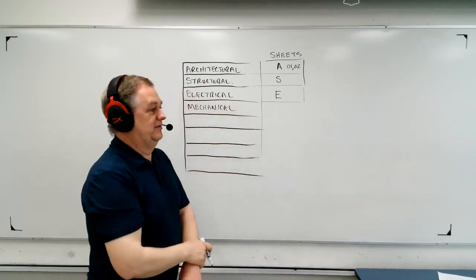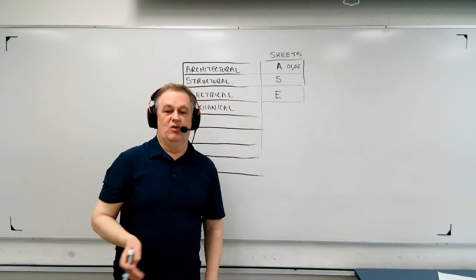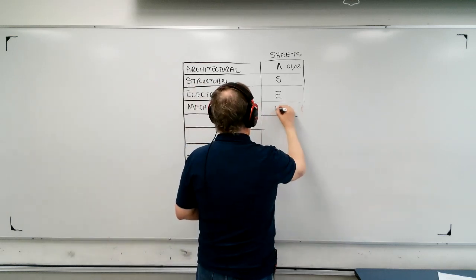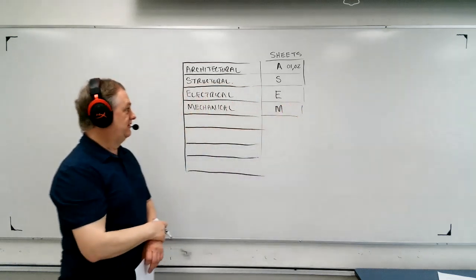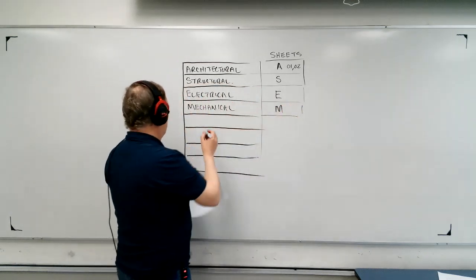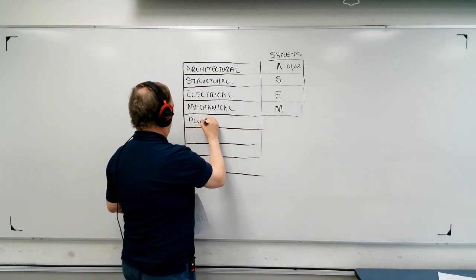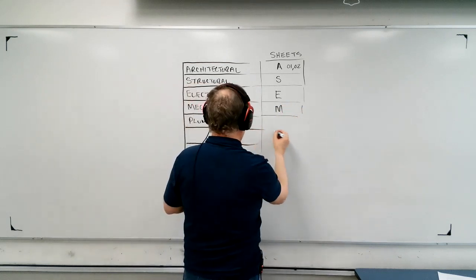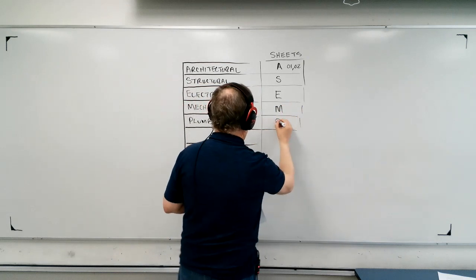It also often includes, for instance, hot water heating and water pumping. Now, these sheets are M, so it kind of makes sense. The next one, plumbing. These sheets are normally labeled with a P in front of them.